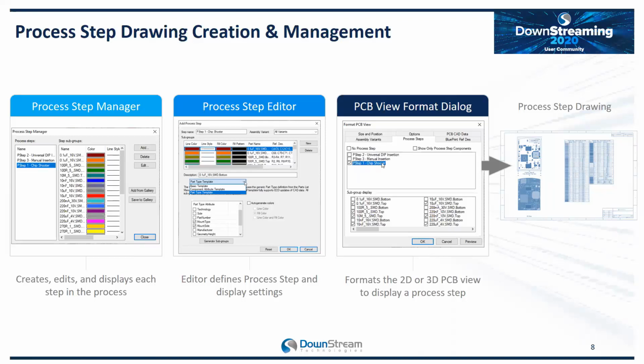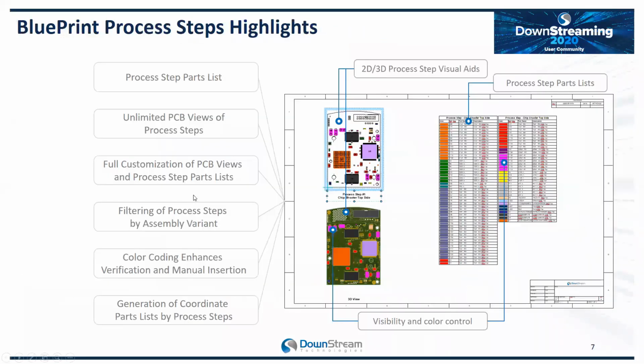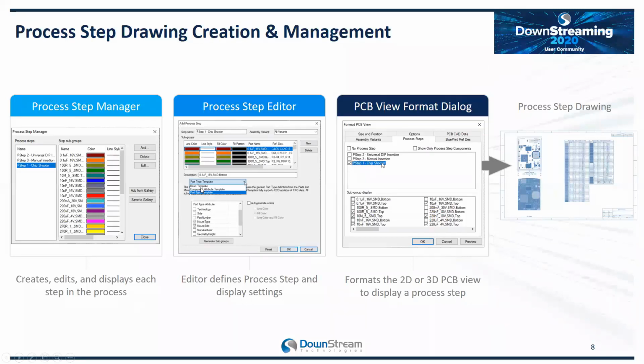When I want to create a new process step, it brings me into the process step editor from the process step manager, where I can define each process step and its subgroups. I've got various choices in terms of how I want to filter those parts, and whichever one works best in my particular circumstance. And then, once I've defined all my process steps, now I place a PCB view.